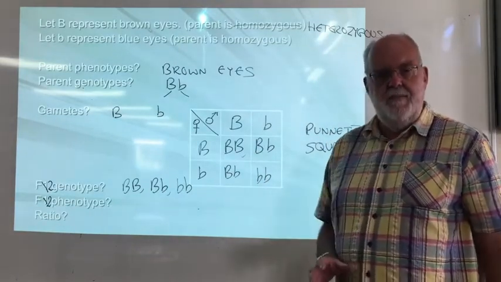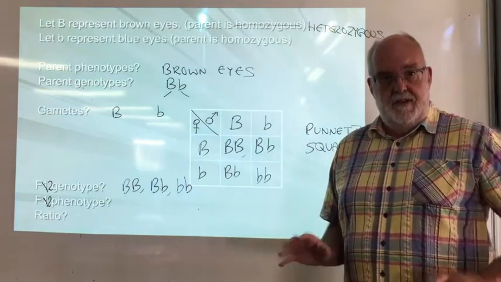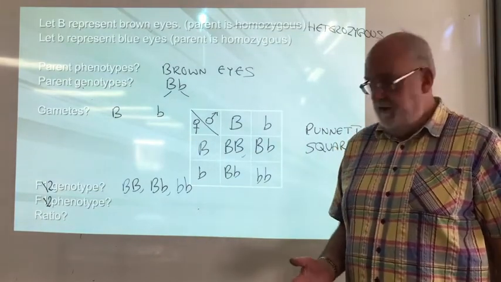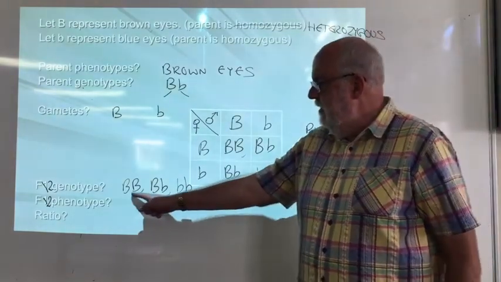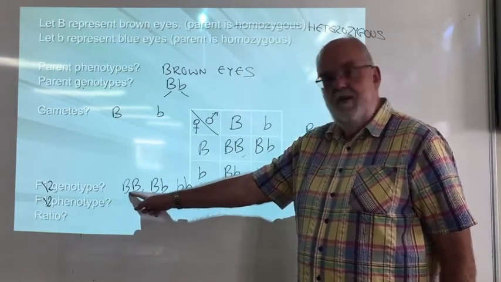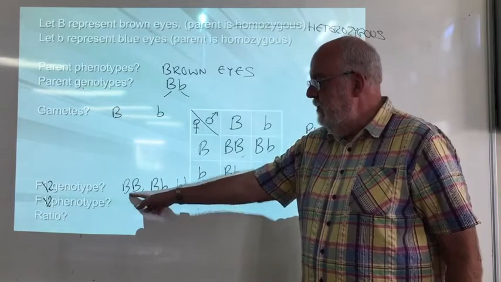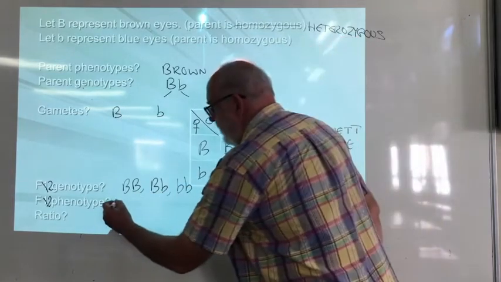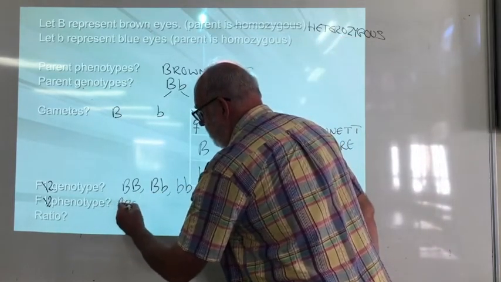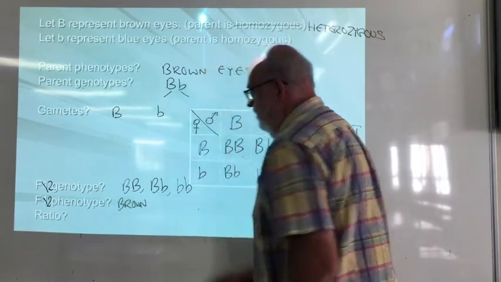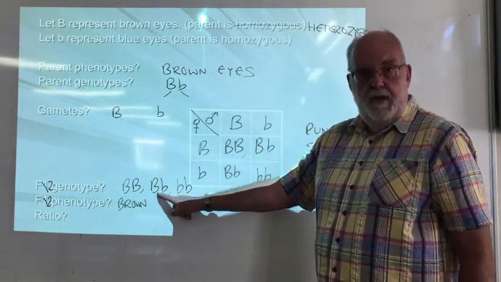How many phenotypes are there? The way that this is expressed in the physical appearance. Obviously, this one is going to have brown eyes because it hasn't got the blue allele at all. So that's going to be a brown. What colour is that one going to be?